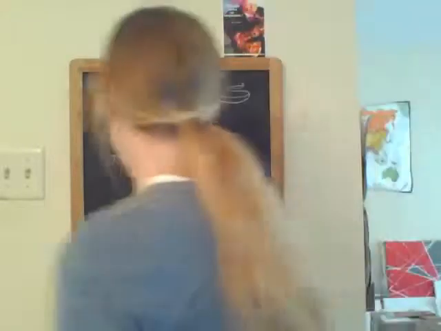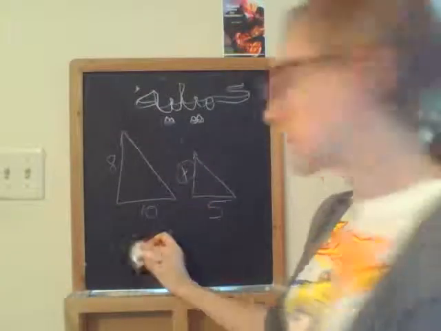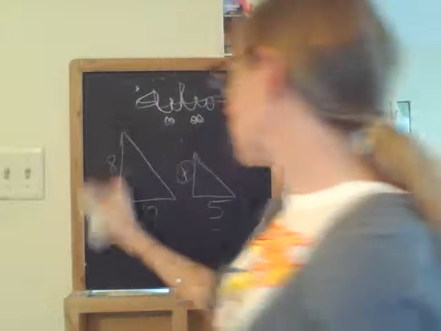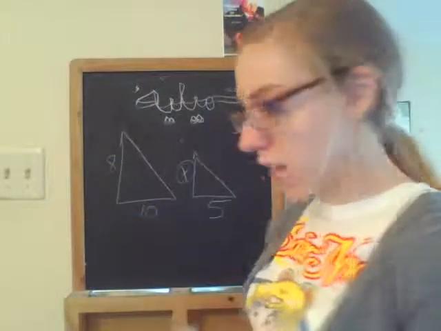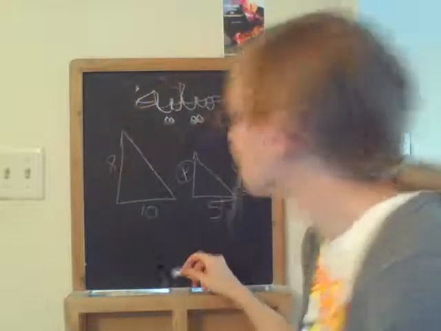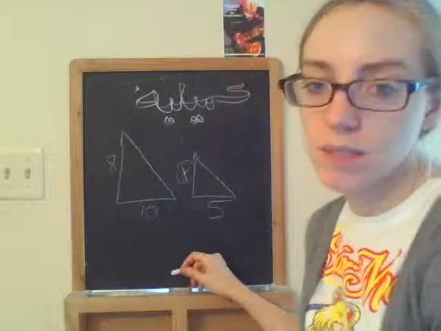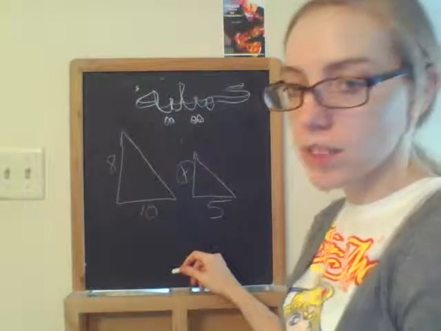Now also, be consistent with how you use each triangle's measurements. So if I stick with this one on top, then I want to use this one on top as well for the next equal proportion. So that is how we find the proportions for similar triangles.